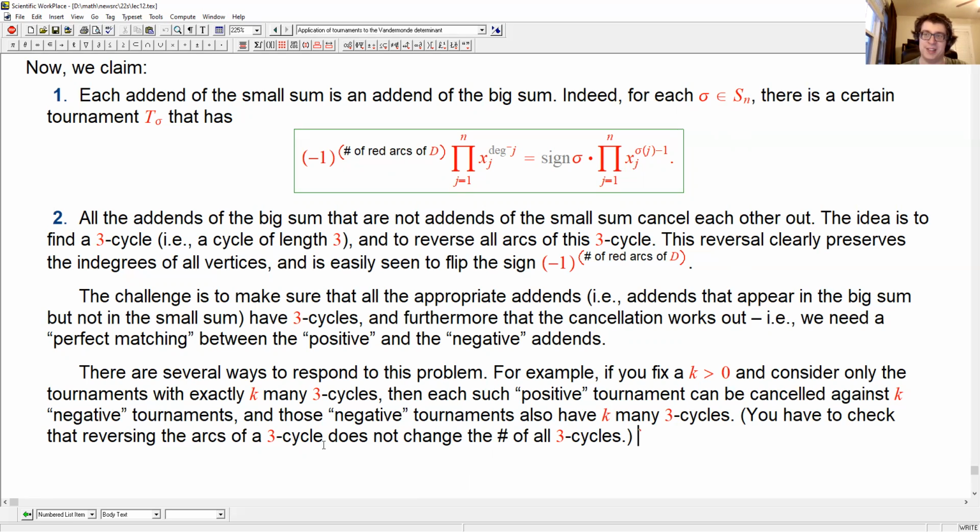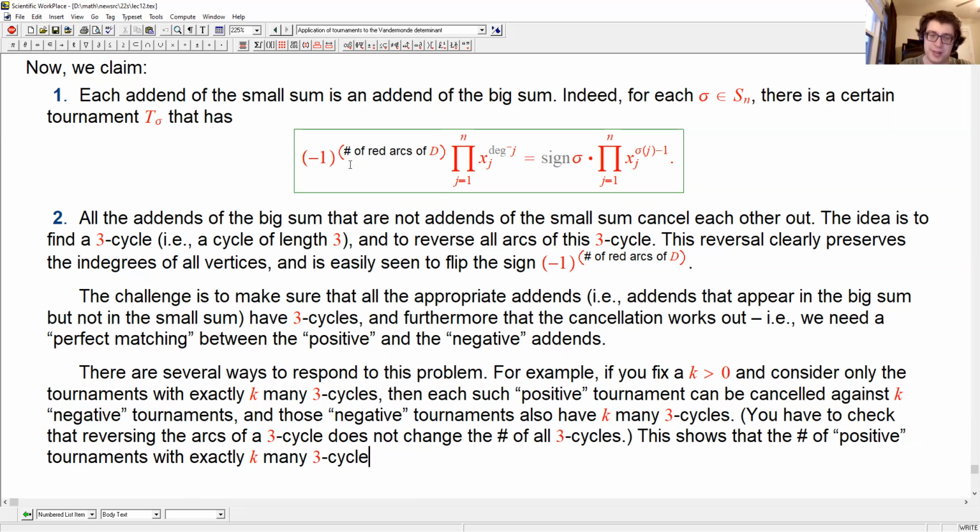But the thing is, this might not be a perfect matching, but this does what you need. This shows that the number of positive tournaments, by positive, of course, I mean that the sign is positive, with exactly k many 3 cycles equals the number of negative tournaments with exactly k many 3 cycles.